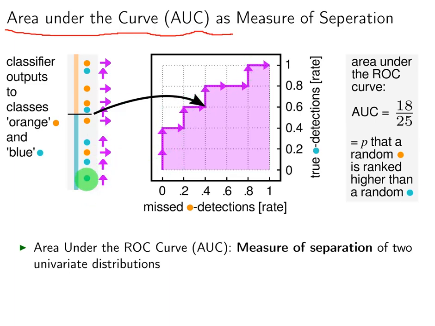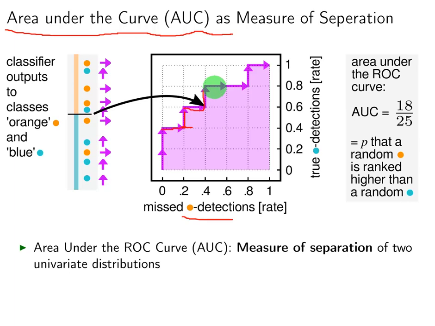So given this blue point, if it is correctly detected, then the curve through detection goes up. Second point, another arrow. While here, if the blue point is detected as orange, then we increase misdetection in this way. And then another curve here, right?